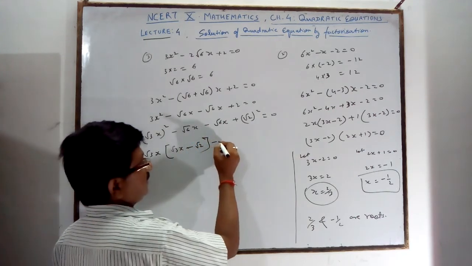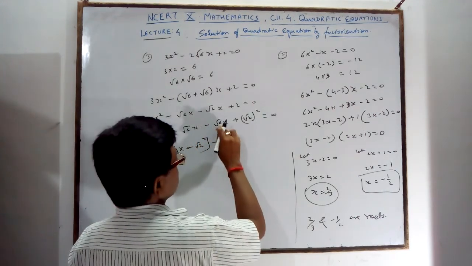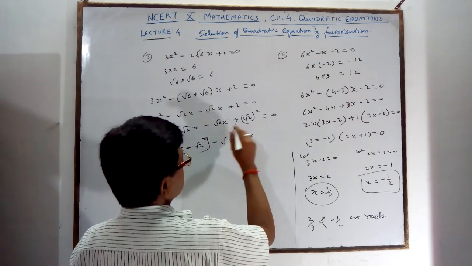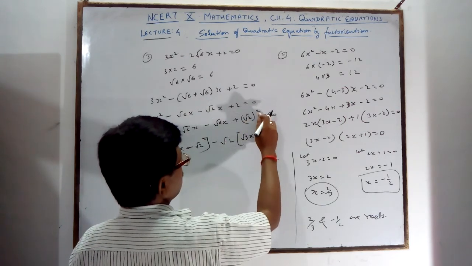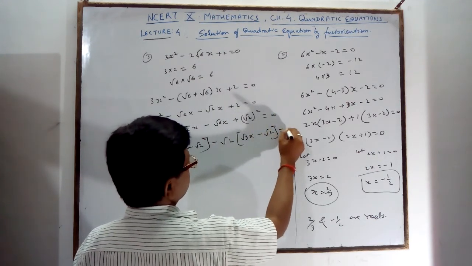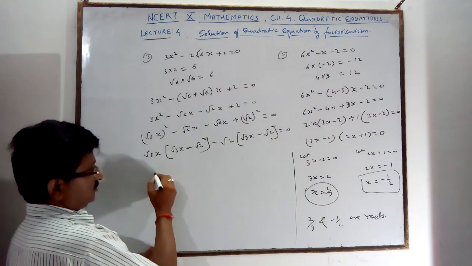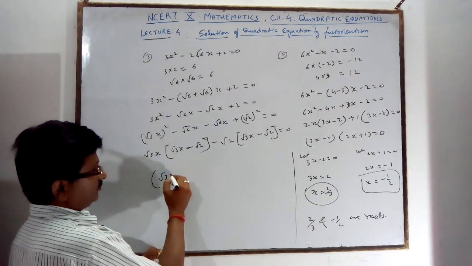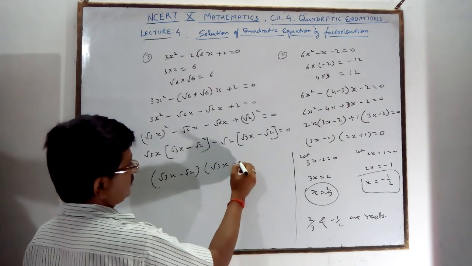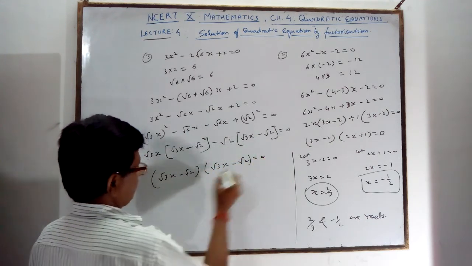Here you take common minus root 2, 2 times 3 is 6, so root 3x, and this 1 root 2 will be out and minus root 2 will be left. You are getting two linear factors, root 3x minus root 2 and root 3x minus root 2, both are the same, equal linear factors.